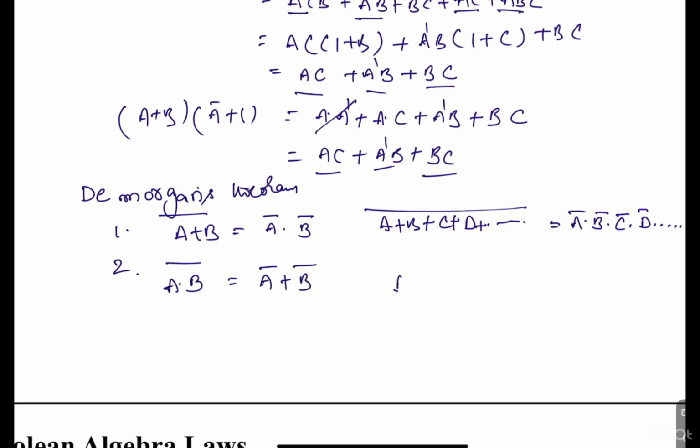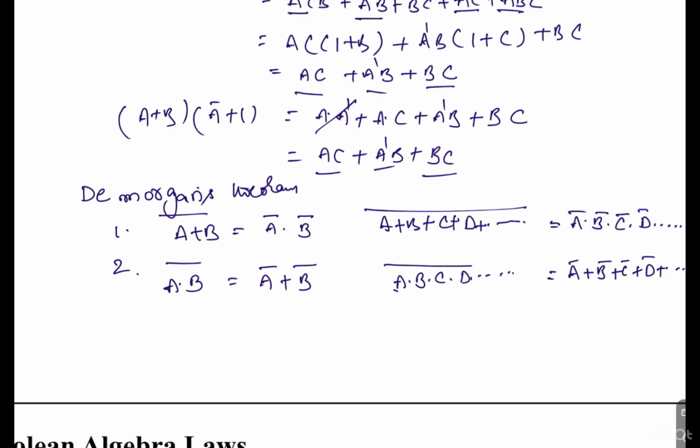Similarly, here you can take any literal, (A·B·C·D) whole bar is equal to A bar + B bar + C bar + D bar, like that. So this is the De Morgan's theorem.